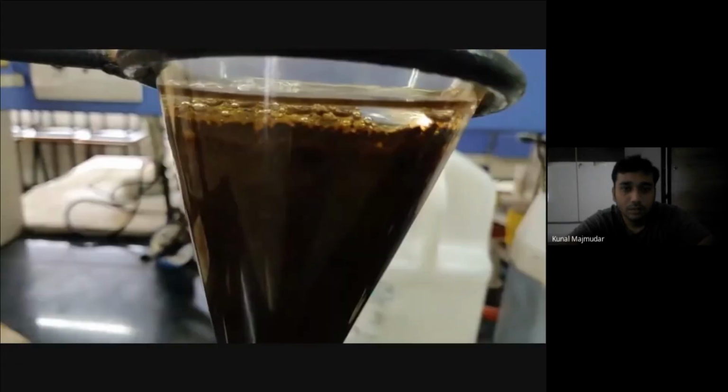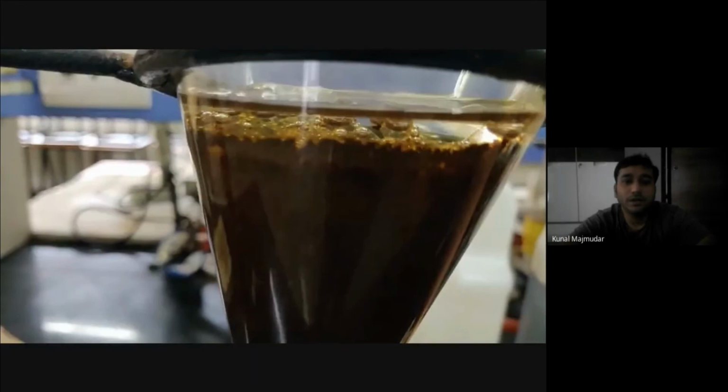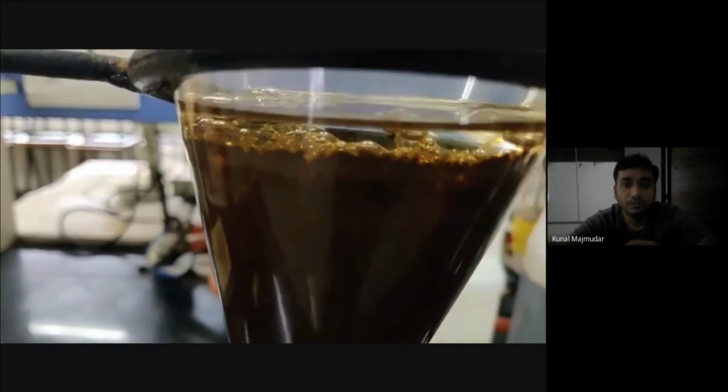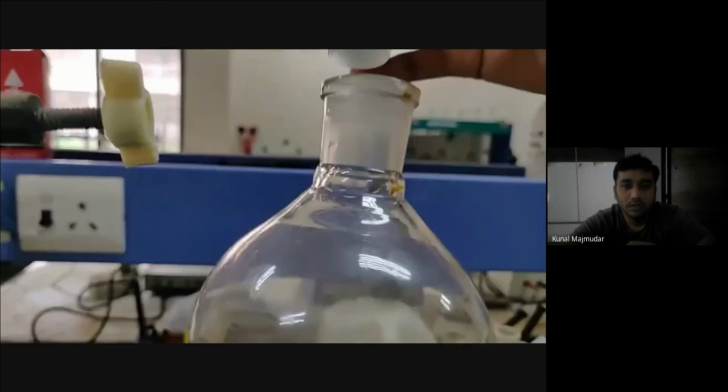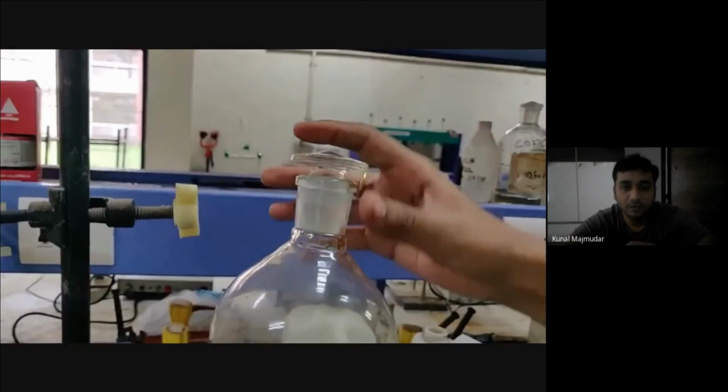See, the oil layer has started to come towards the upward direction. Just shake the contents of the separating funnel.